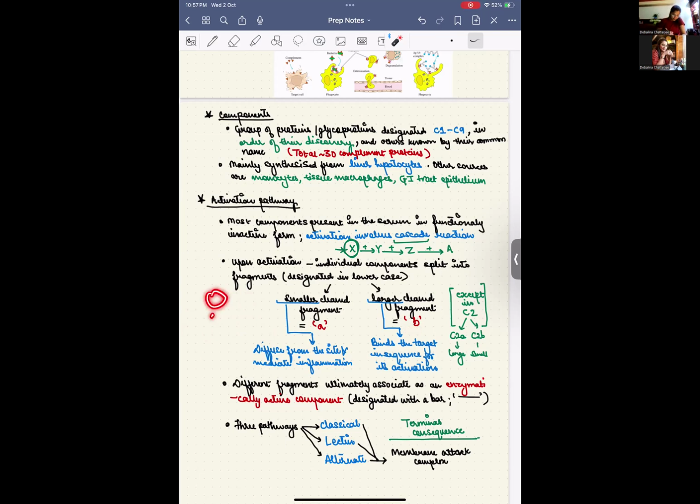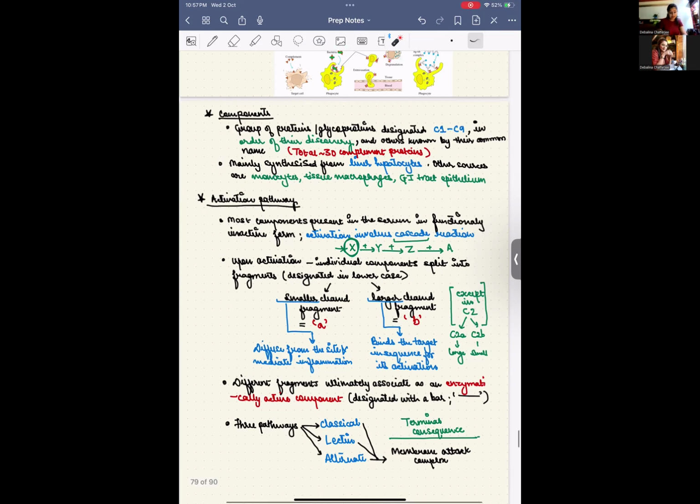This cleavage is not a proportionate cleavage. One is always a smaller fragment and the other is a larger fragment. The smaller fragment by convention is named a. The larger fragment by convention is designated with a small b, with an exception of C2.